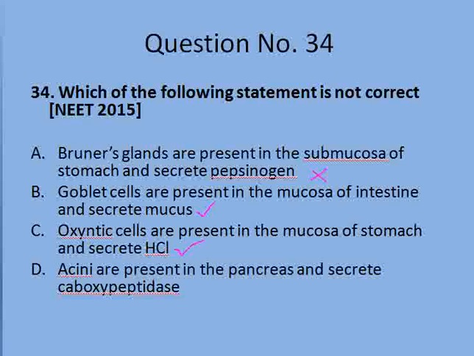Acini are present in the pancreas and secrete carboxypeptidase, which is also right. So B, C and D are correct, but the question is which is not correct. So option A is the correct answer for this.